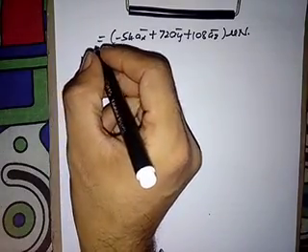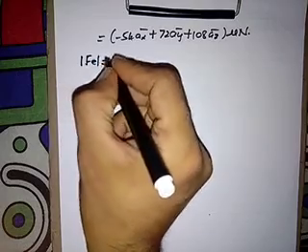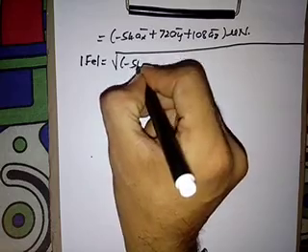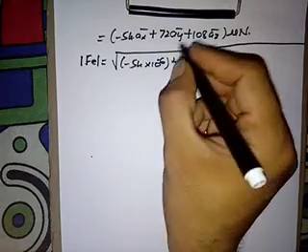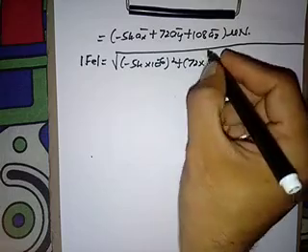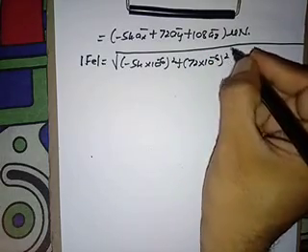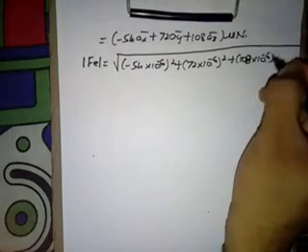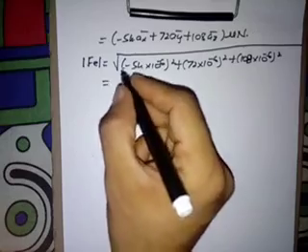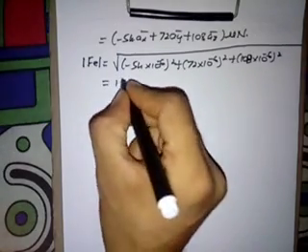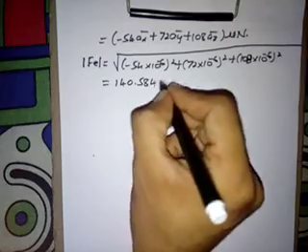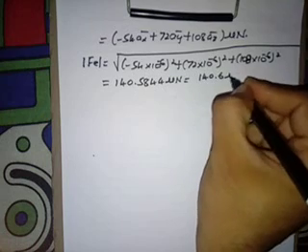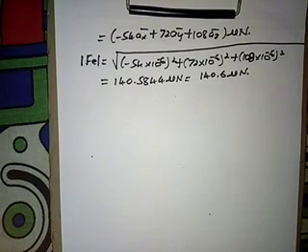So the magnitude of the force exerted on the charge is the absolute value of Fe, that is the square root of minus 54 into 10 raised to minus 6 squared plus 72 into 10 raised to minus 6 squared plus 108 into 10 raised to minus 6 squared. On simplification, the answer comes out to 140.5844 micronewton, that is 140.6 micronewton.